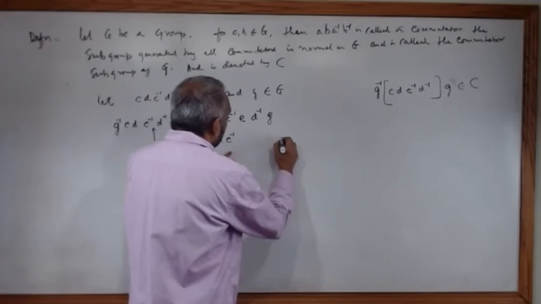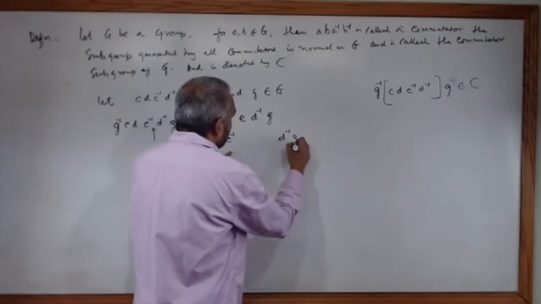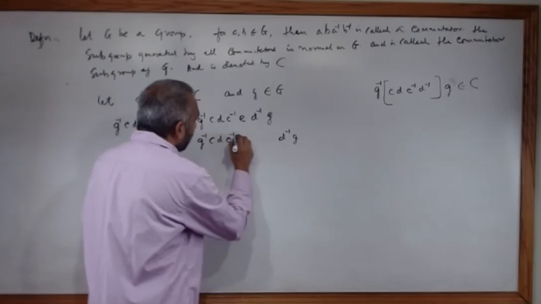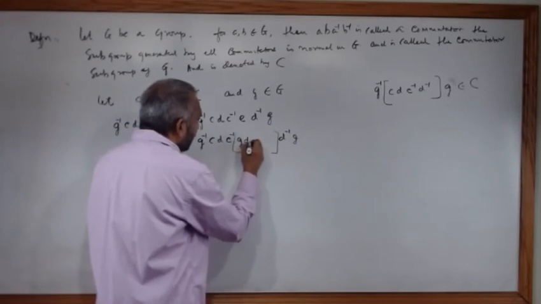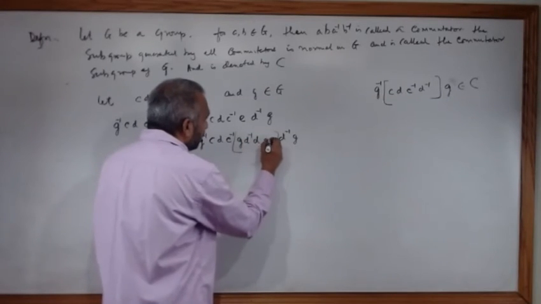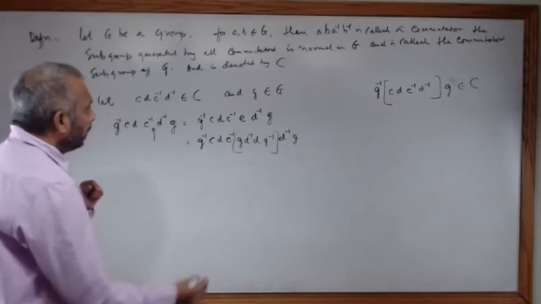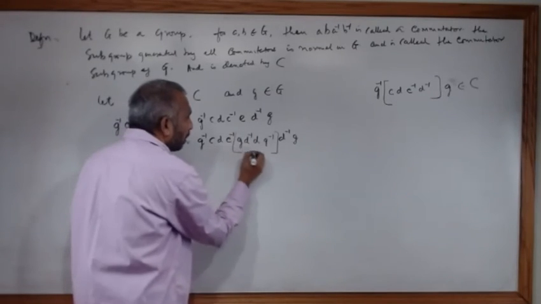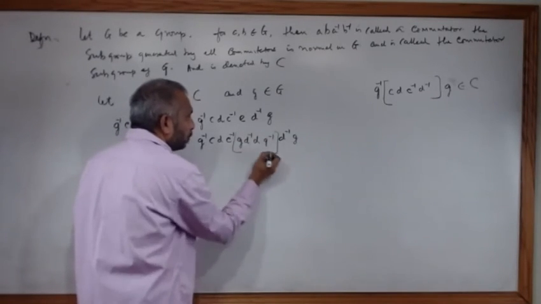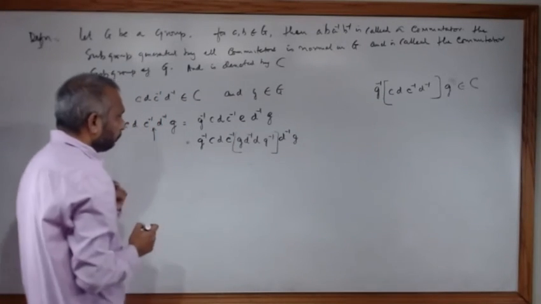I'm going to write here G inverse and G. This I'm going to write as G D inverse D G inverse. This is E. So the product of these four elements will be E, and that is this.